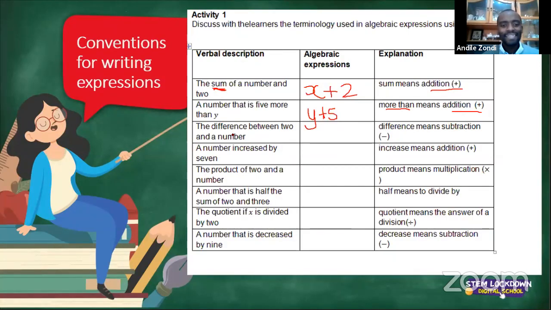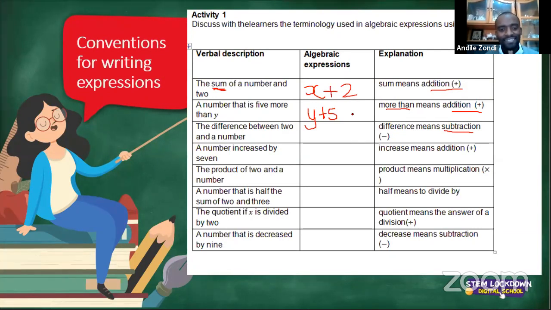Next one is the difference between 2 and a number. Here, the difference means subtraction. When I say difference, I mean subtraction. Hopefully the hands are not up for answers because I need you learners to write your answers on your chat. Here I actually have two answers. I have 2 minus x and x minus 2.